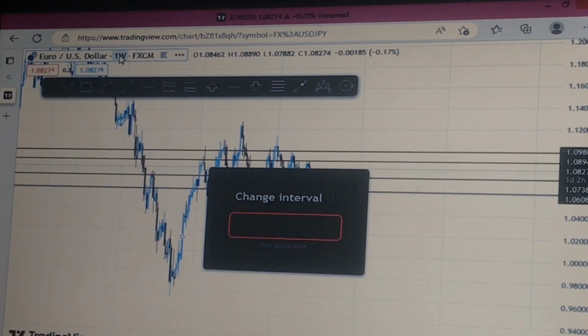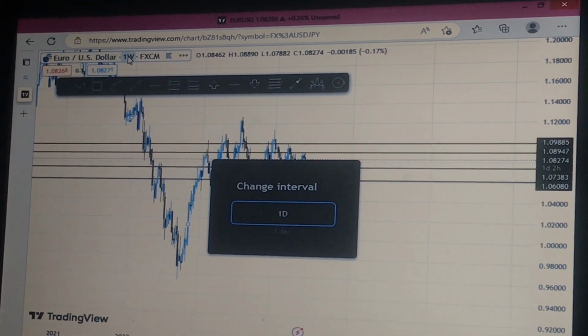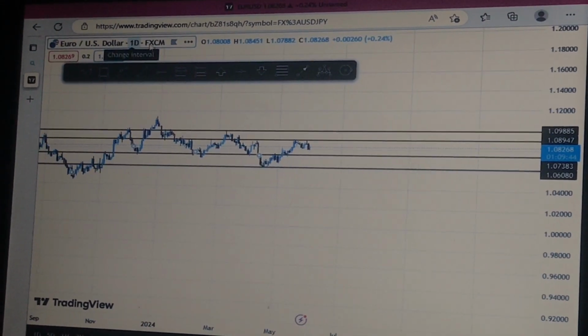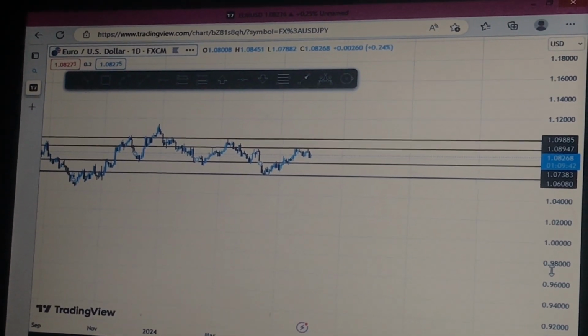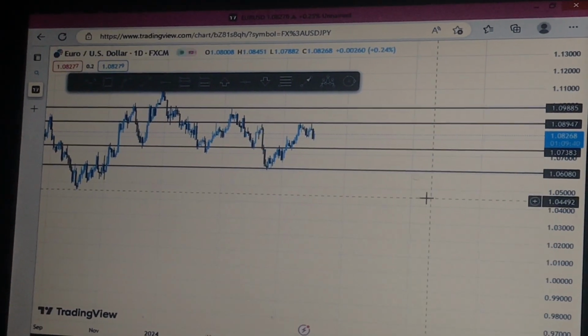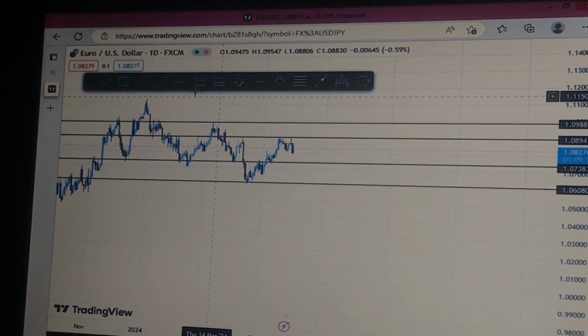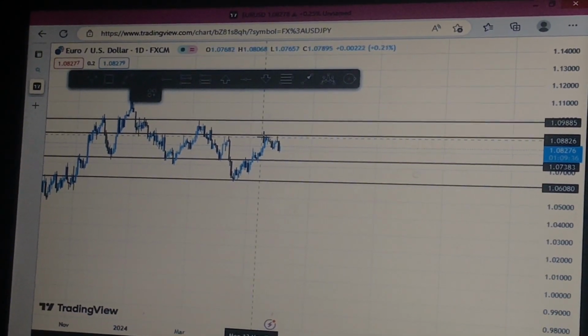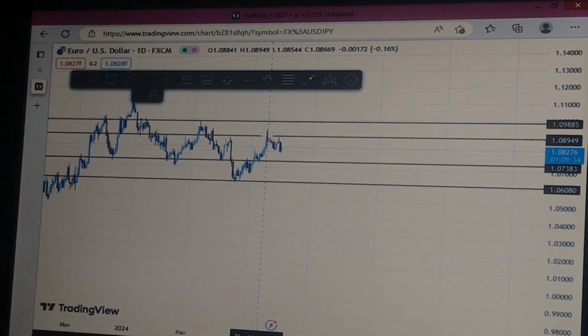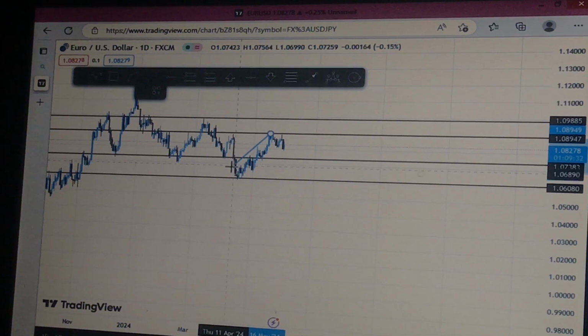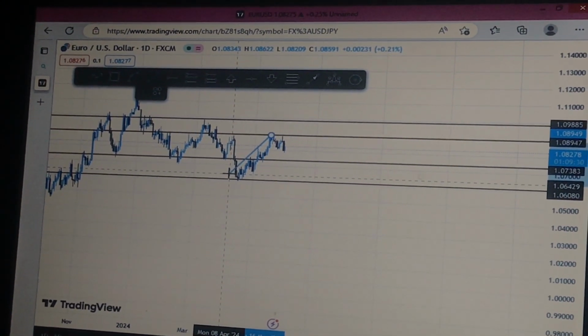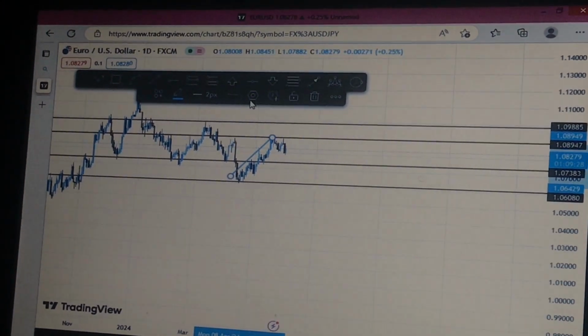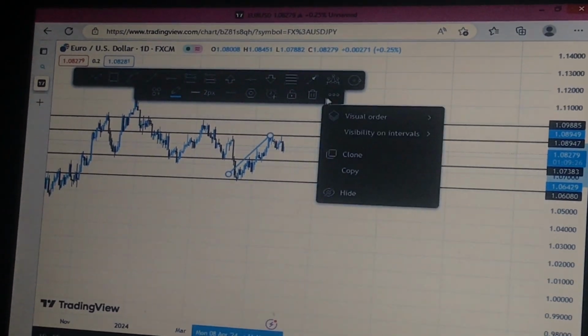I went to my daily time frame after that. As soon as I got to my daily time frame, I saw we have a pattern. We have this thing from here to here, right? And then I cloned it.